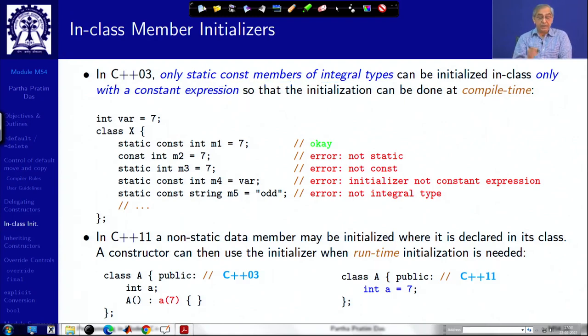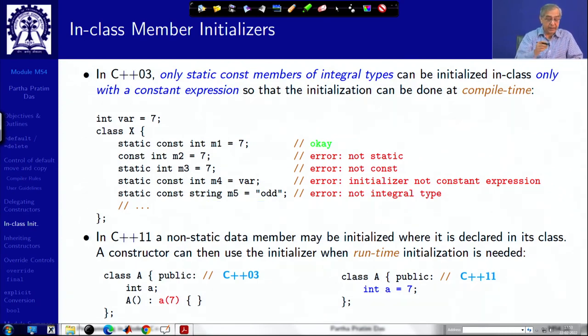So, if you look at C++03, this is what is permitted. All of these are errors, because this is not static, this is not a constant, this is not using a constant expression, and this is not of integral type.